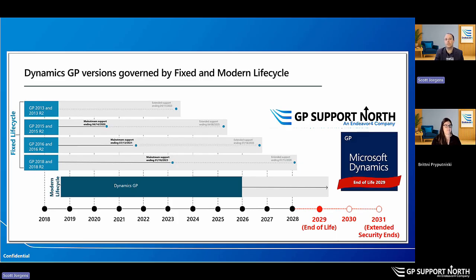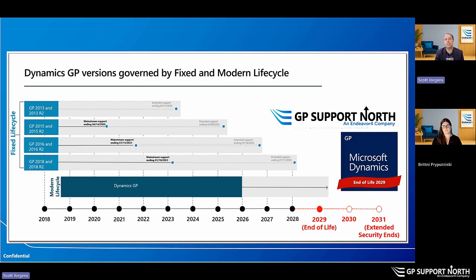The end of life for Dynamics GP is officially December 31st, 2029, as per Microsoft and all of their updates. That would be payroll, security updates, functional updates, tax updates, any bug fixes and holes. And then there's this extended security, which goes till April 2031.